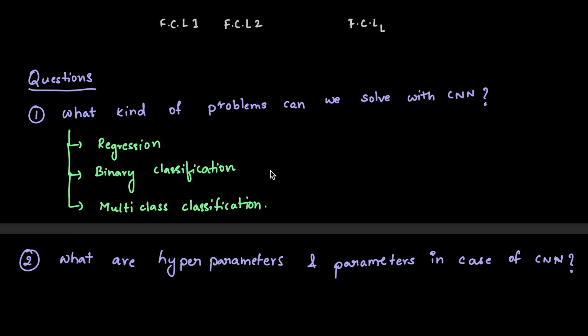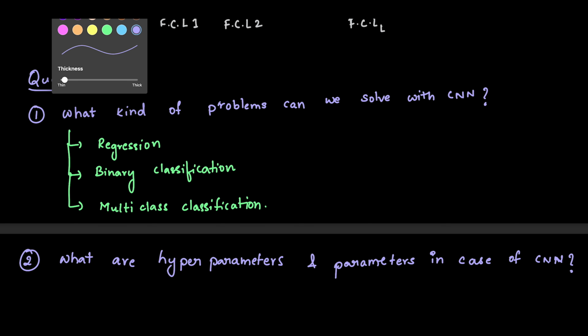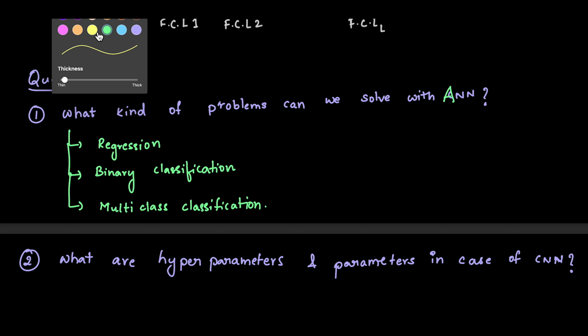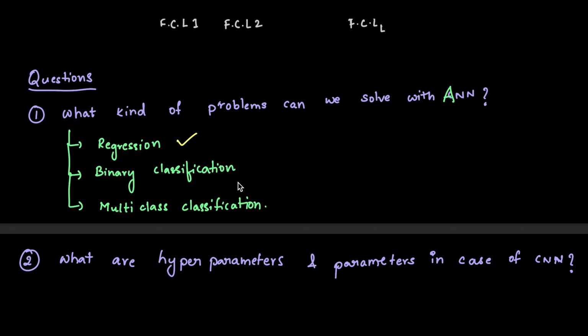Okay. Now let me answer these two questions. Basically, let's answer the same for ANN. If you guys remember my videos of ANN, I have clearly told you that we can solve all these three kinds of problems. That is, we can solve regression problems, and also binary classification problems, and also multi-class classification problems, right?